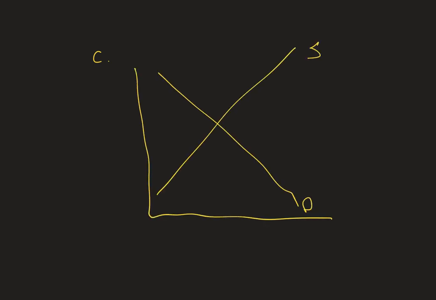If we look at part C, T is a complement to maple scones. So here's demand, here's supply. Now I know that I'm graphing T, and this is the quantity for T, this is the price for T. And we have here a double shift. Two things are happening. One is the price of maple scones increases, and they're complementary goods. I'm told that the price of maple scones is going to increase.